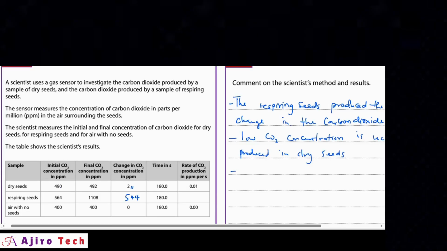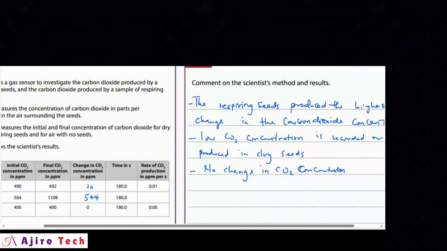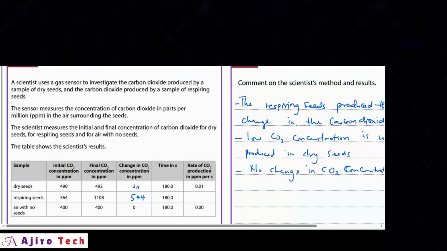Another comment on the result is that no change in carbon dioxide concentration in air with no seeds.